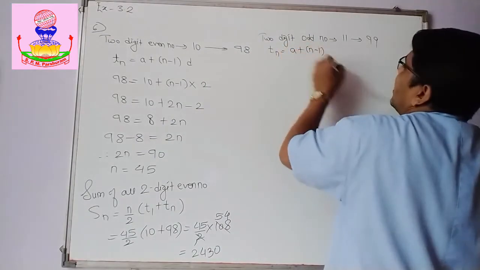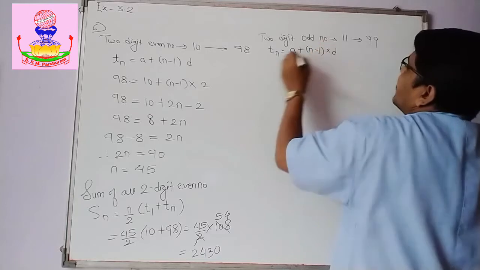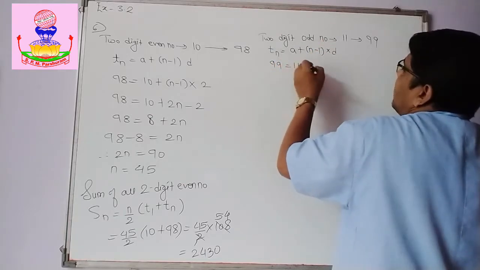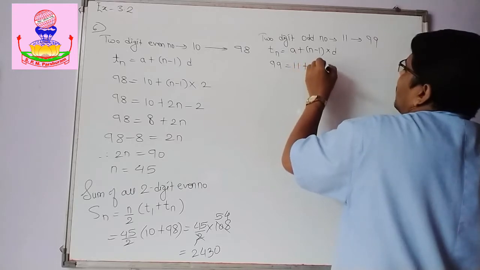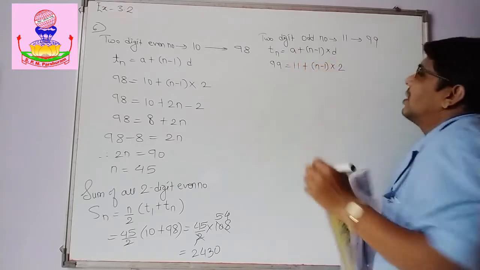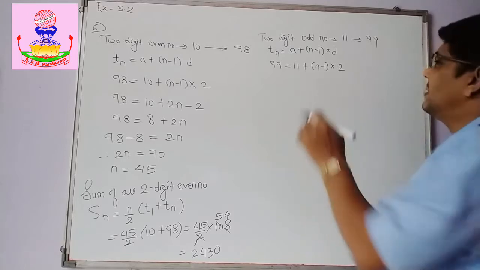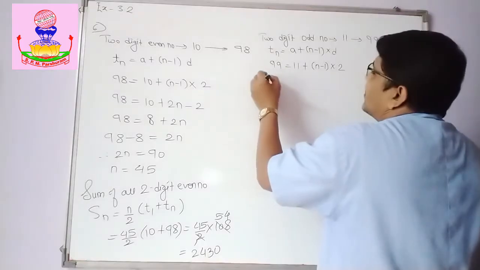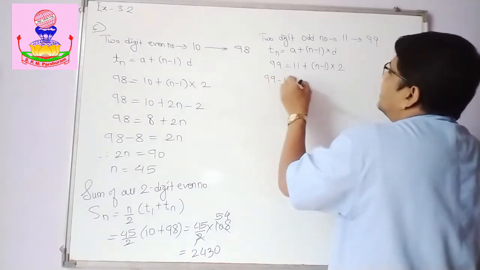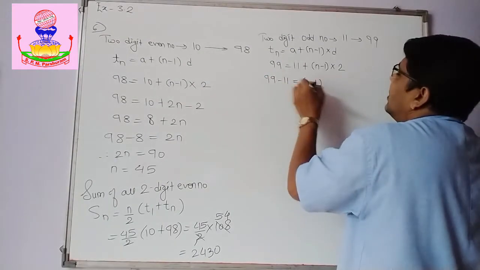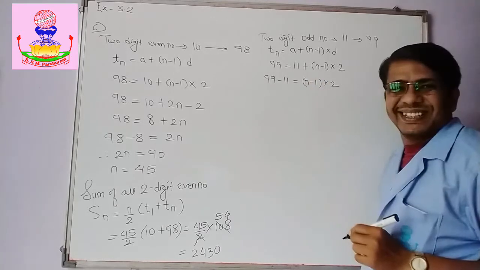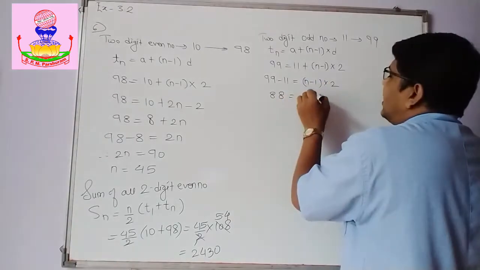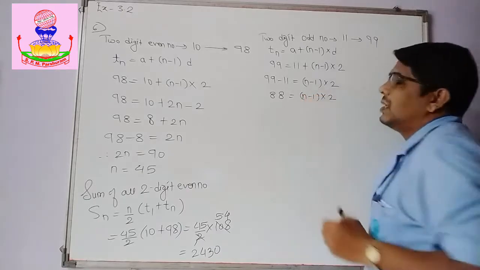So A plus (n minus 1) into D. Now the nth term is 99, the first term is 11, plus (n minus 1) into the difference of 2. So bring this 11 to this side. When it comes, it becomes minus. So 99 minus 11 is equal to (n minus 1) into 2. So 99 minus 11, 88, equal to (n minus 1) into 2.